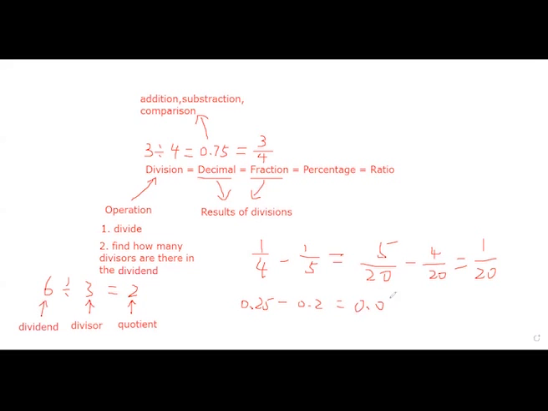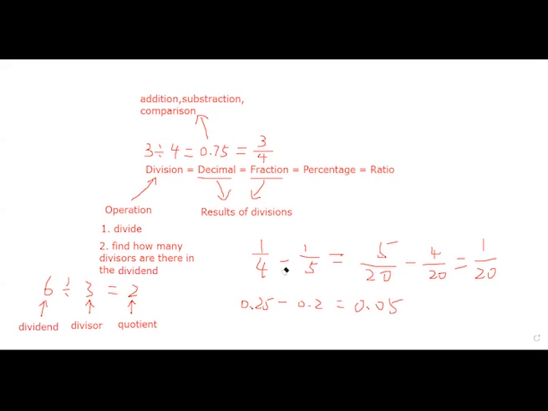It's 0.05. Done. So decimals are usually the better way, okay? We have some special cases where decimals are not better, but usually decimals are better for addition, subtraction, and comparisons, okay?